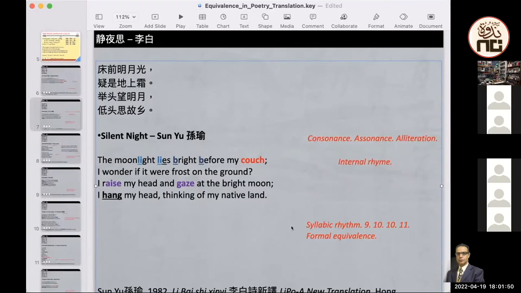Of course, in English there is syllabic rhythm, and accentual rhythm, where you follow the meter, the feet, like iambic or anapaestic, or falling accents to punctuate the rhythm of the line. I would say he also used formal equivalence because he rendered a faithful translation, as faithful as he could do.